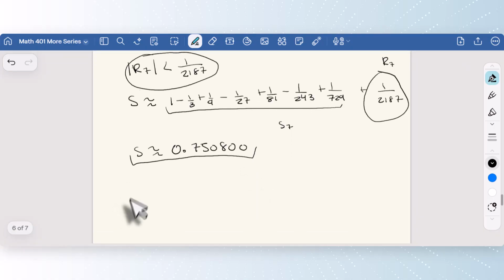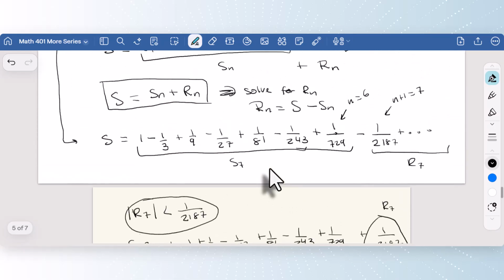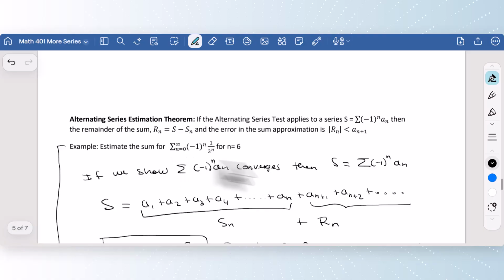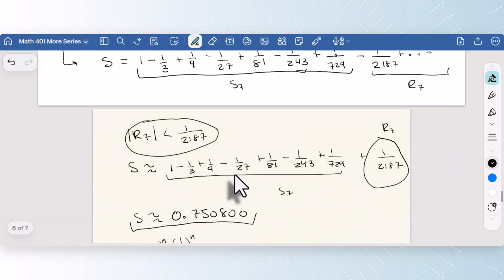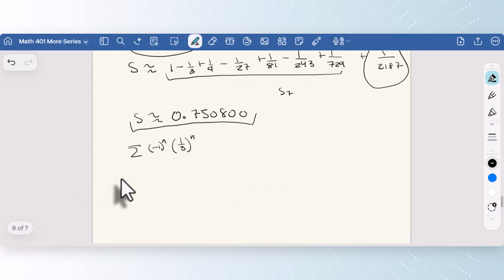Now notice that this was an alternating geometric series, right? That's what it was. So starting at 0, we can combine these, since they have the same exponents. So I can say this is really the sum from n equals 0 to infinity of (negative 1/3) to the n.